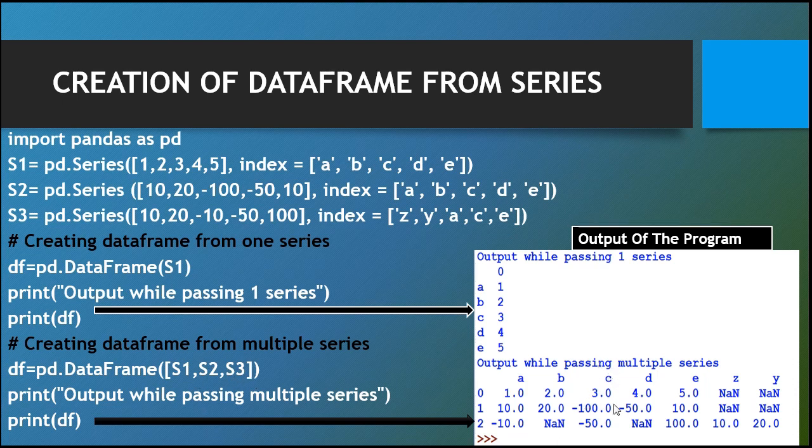You can see the output here, that all the index numbers now become the column labels and the values are stored in the form of rows for each series. NaN values appear again for those whose corresponding column names are not present in those series.